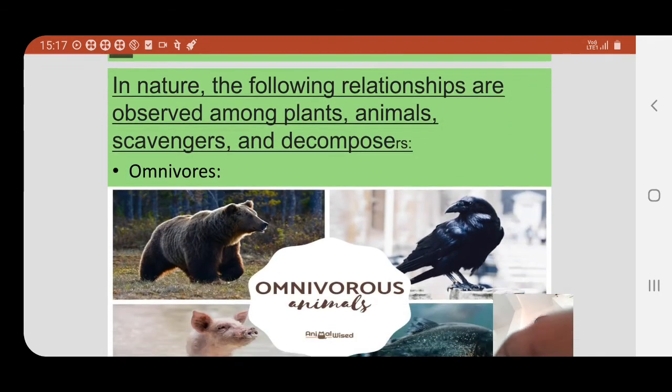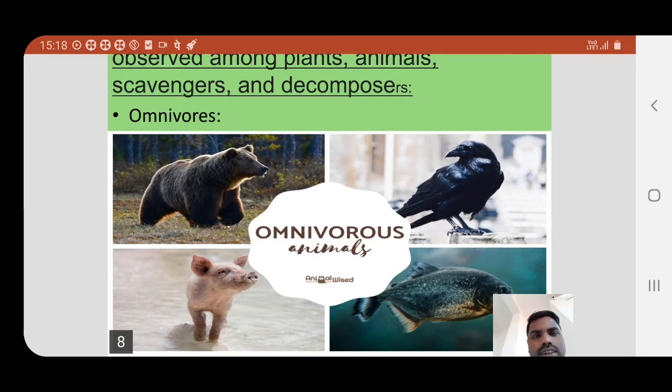In nature, we will see some other animals like deer, crow, pig, and fish. What do these animals eat? They eat flesh, meaning meat, and they also eat grass and plants.